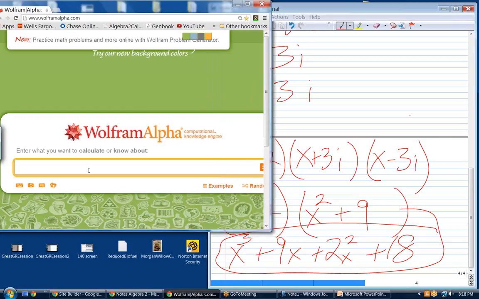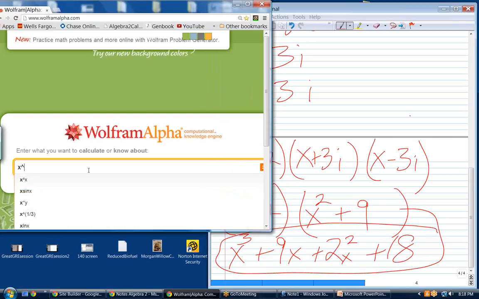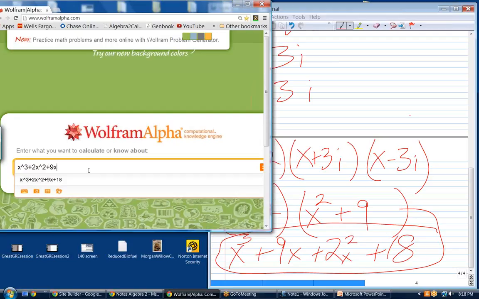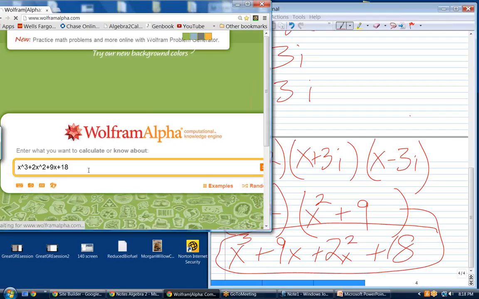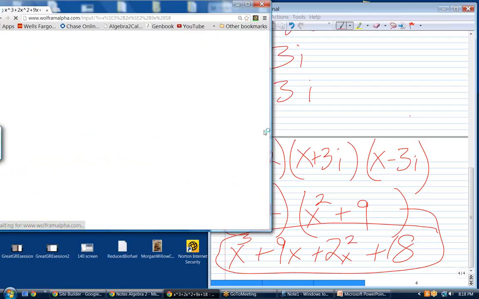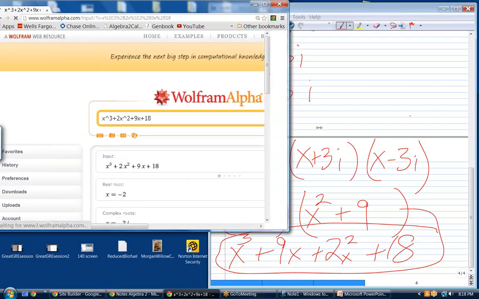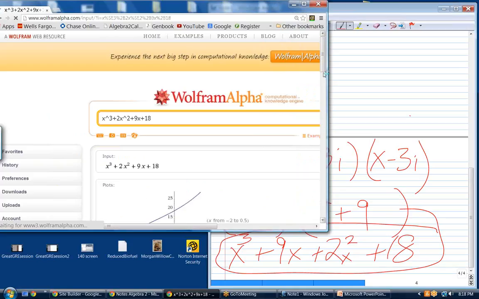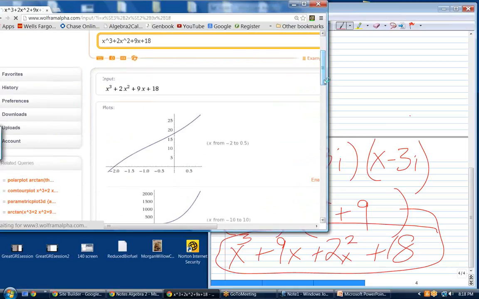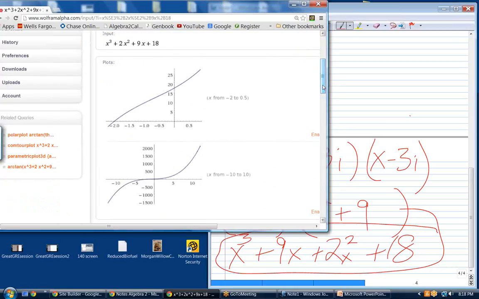Sorry. x raised to the third plus 2x raised to the second plus 9x plus 18. Notice it only crosses the x-axis one time.